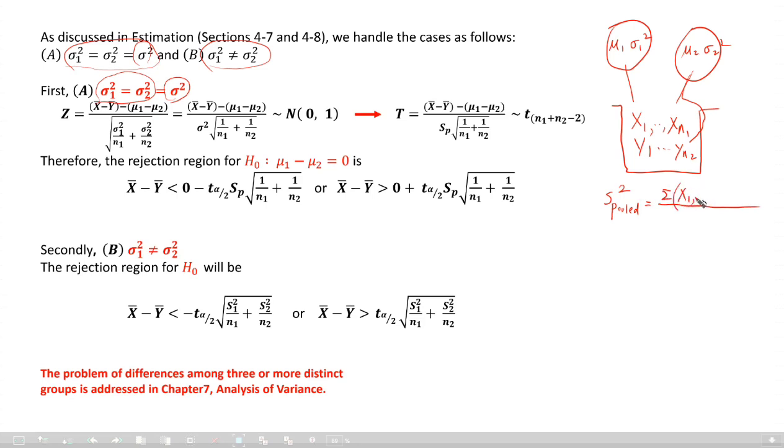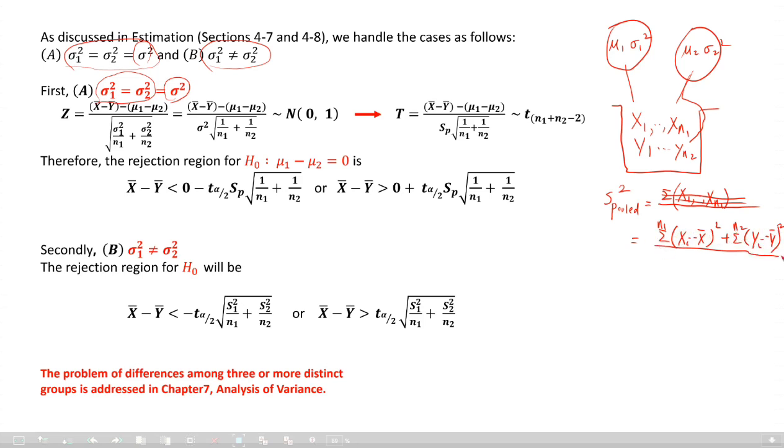It is from the sum of xi minus x bar squared plus yi minus y bar squared. How many terms are there? Here n1, and n2. What is the terminology of this? Deviations: deviation of x, deviation of y, squared, and summed.